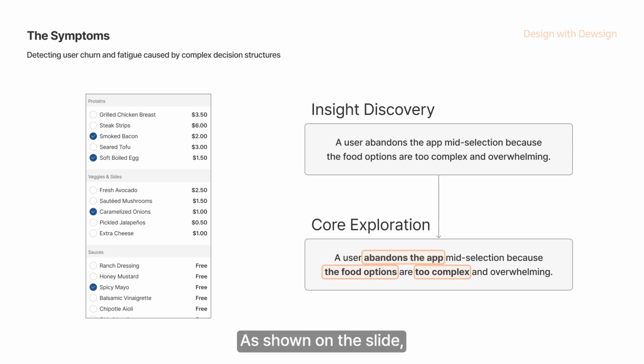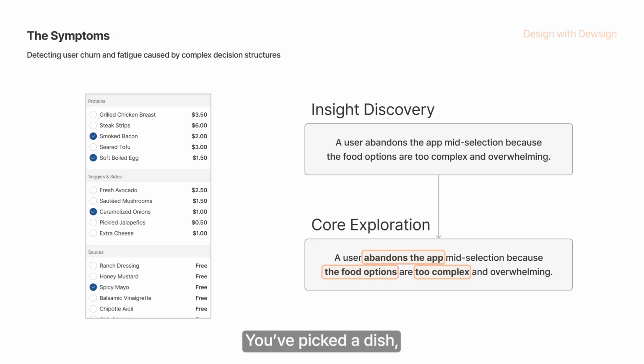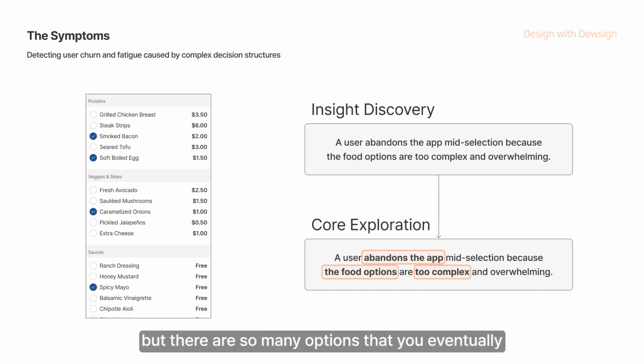As shown on the slide, a user abandons the app mid-selection because the food options are too complex and overwhelming. You've picked a dish, but there are so many options that you eventually close the application without ordering. Let's try to extract the core keywords from this example.